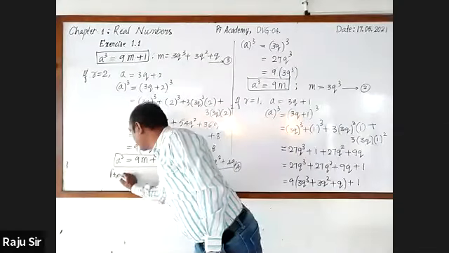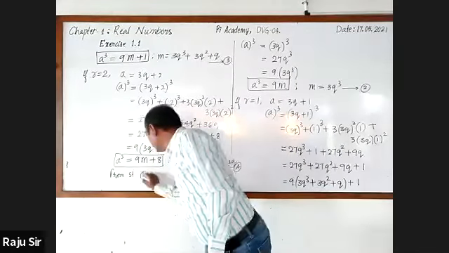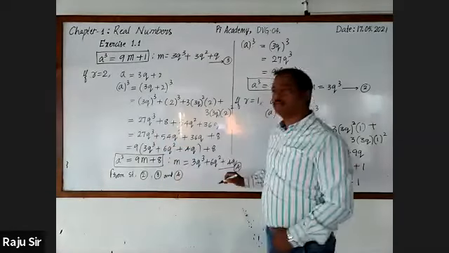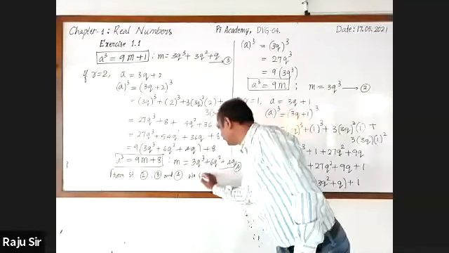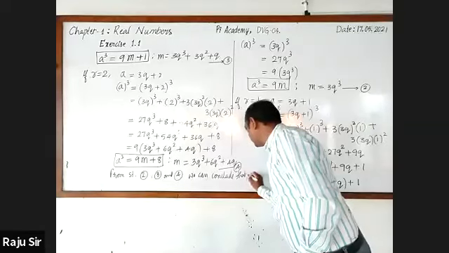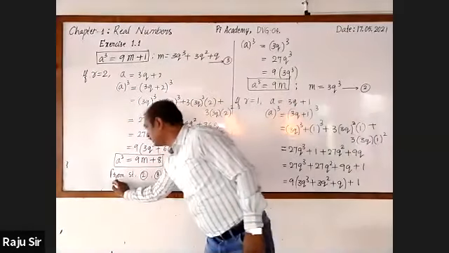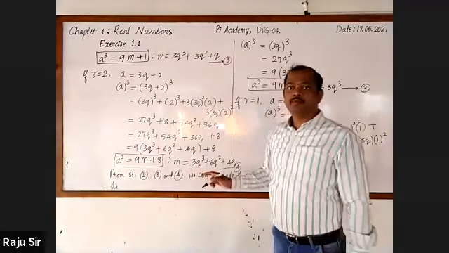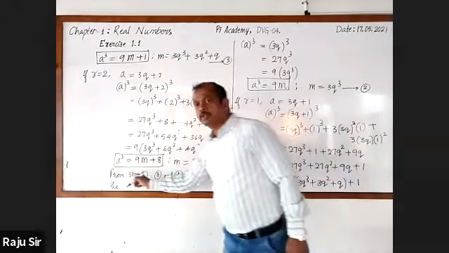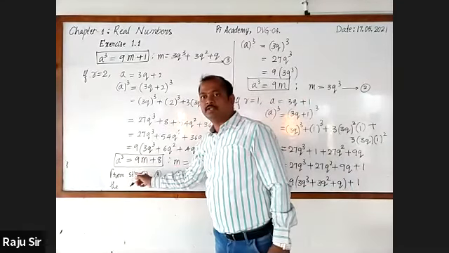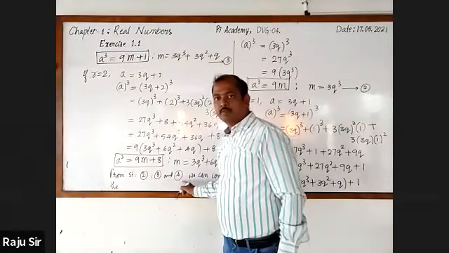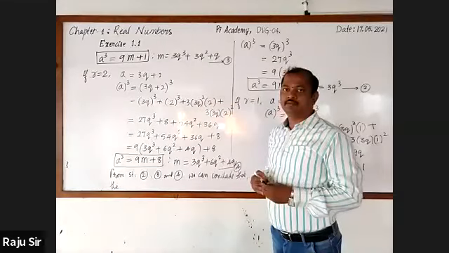From statements 2, 3 and 4, we can conclude that, write that statement: the cube of any positive integer is of the form 9m, 9m plus 1 or 9m plus 8.